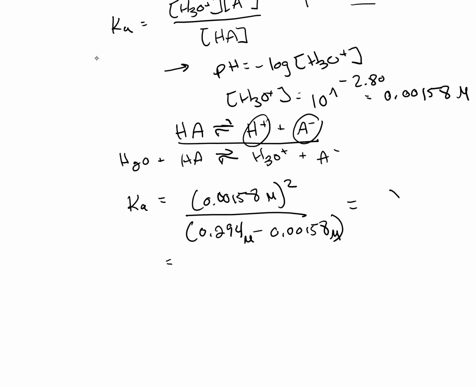There we go. Now we're talking. 0.294 minus 0.00158 is going to be 0.293, if we're doing sig figs. And regardless, we can solve this and get 8.5 times 10 to the minus 6 as our Ka. So this will be our correct solution for this particular problem. All right, let's go ahead and do a little bit of erasing here.